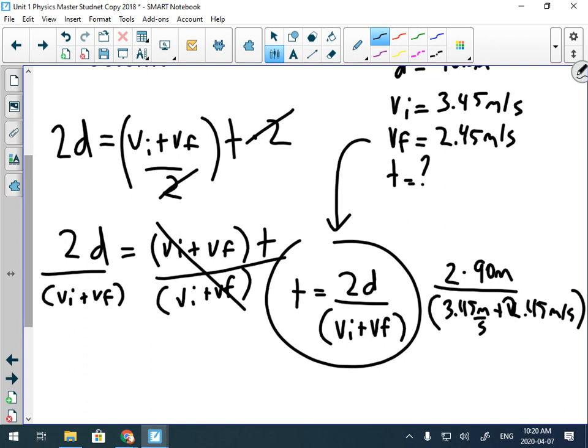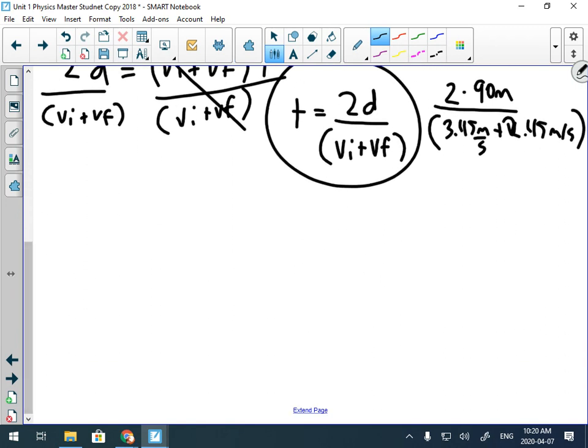Now, I need to do the brackets together, right? You need to do everything in the brackets first. So I can do the top, 2 times 90. That's fine because it's not going to affect the bottom. 2 times 90 is 180. Over, and I'm going to add the bottom first, 3.45 plus 2.45.